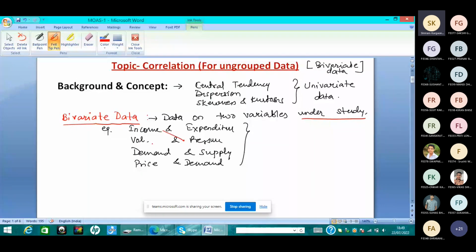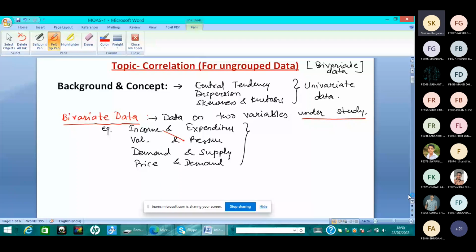Height and weight have a relation, but height and expenditure do not. The relationship must be valid. Under study means those variables which you are interested in, or on which the research is going on, not any variable. So remember, this is a very basic concept.